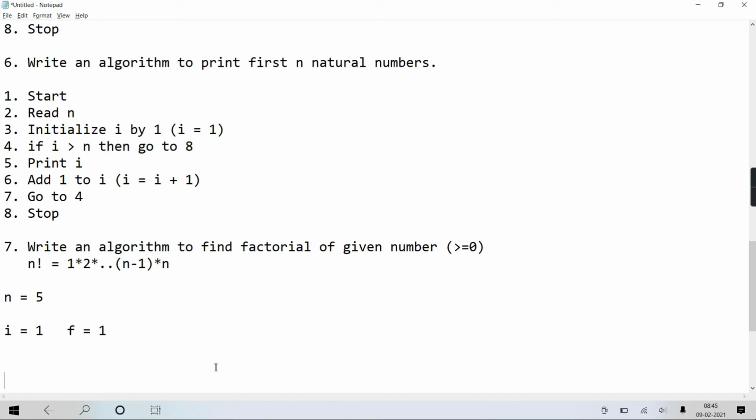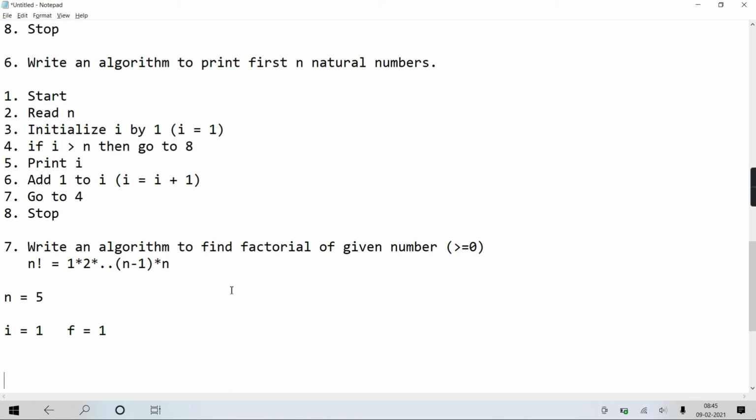And every time I'll multiply this f with I, store the result in f, and then increment I by 1. Hear carefully what I'm saying. Every time I'll multiply f with I, keep the multiplication answer again in f only, and increment I.